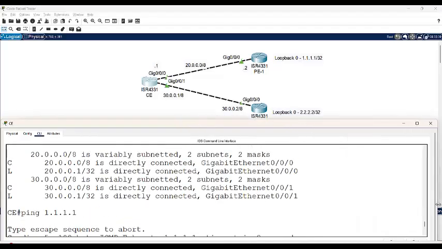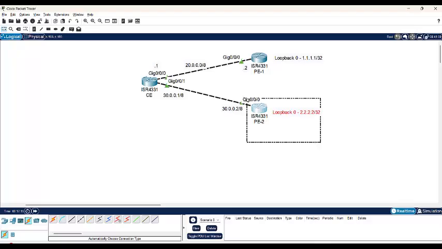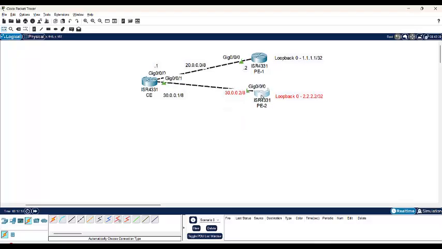So if you have a question, what is that? When you give to the P router and P3 router, P1 and P2, you give two commands. One is the interface IP address and the normal IP address, but in the configuration it shows as loopback IP address. That is the question.